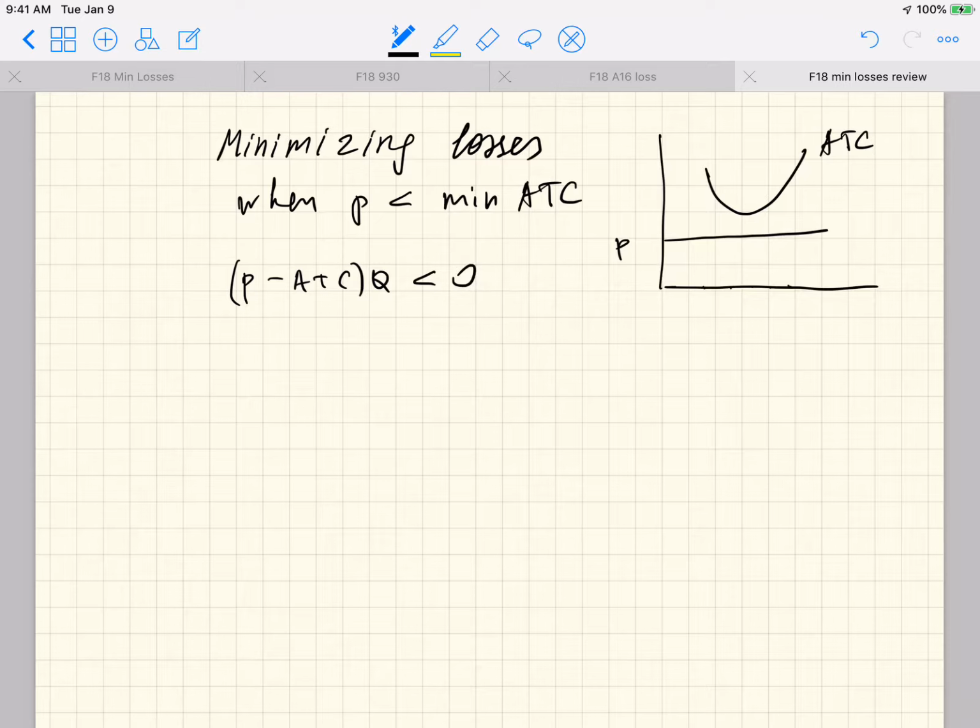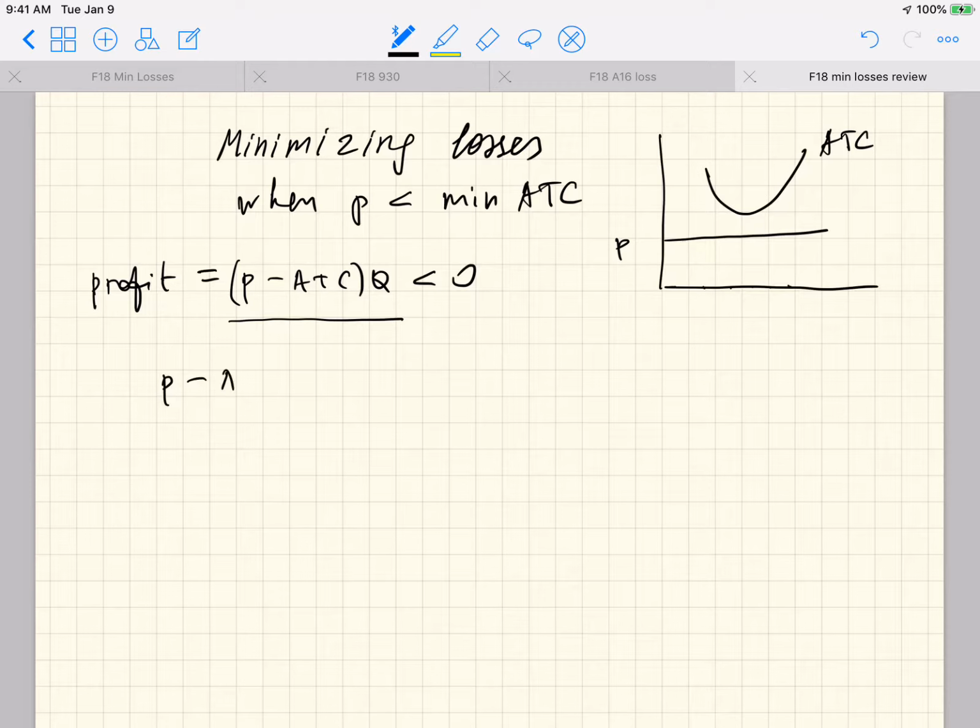Alright, so speaking of this formula, one thing we want to make clear is why this formula doesn't work when Q is zero. Remember, I told you earlier that this formula is very convenient, but it only works if Q is not zero.